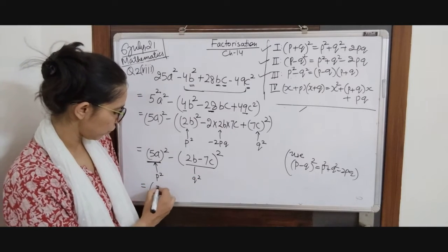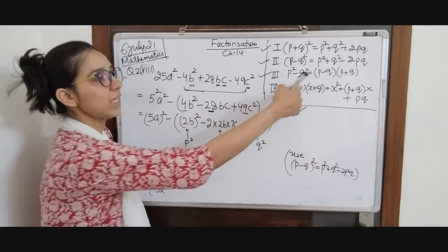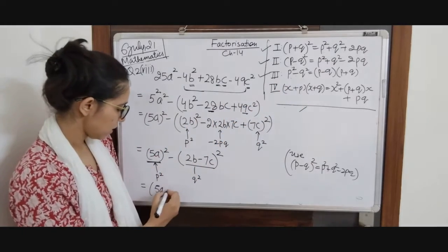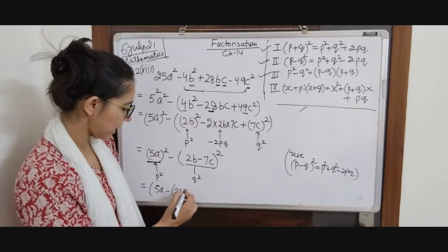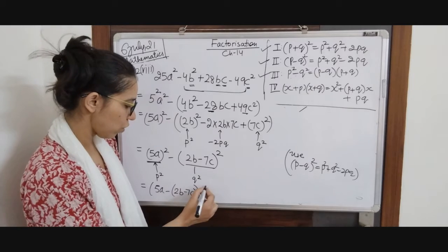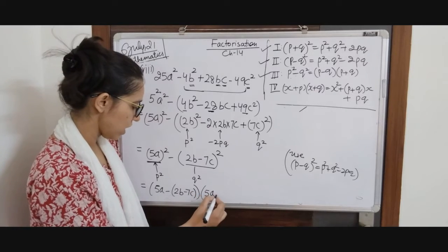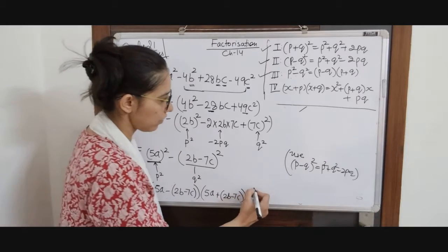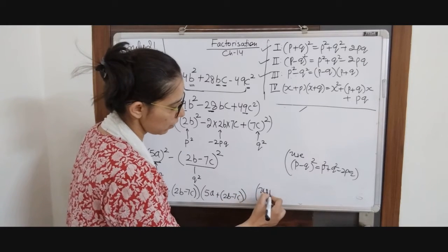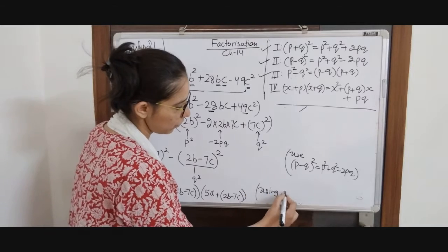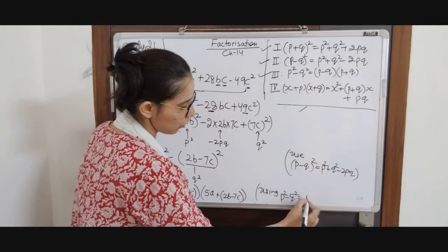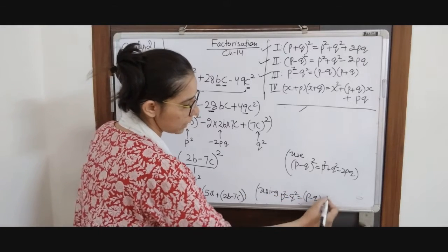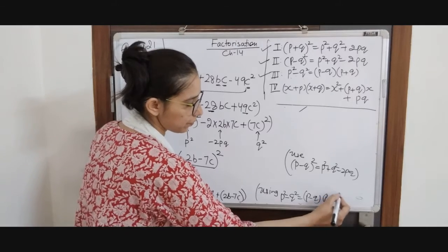So this is going to be equal to 5a, p minus q, so this minus this, so 5a minus bracket 2b minus 7c, bracket close, then we have 5a plus 2b minus 7c. We are using p square minus q square equal to p minus q multiplied with p plus q.